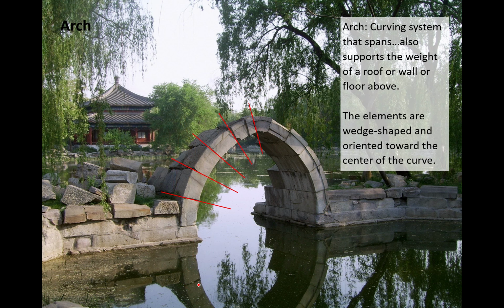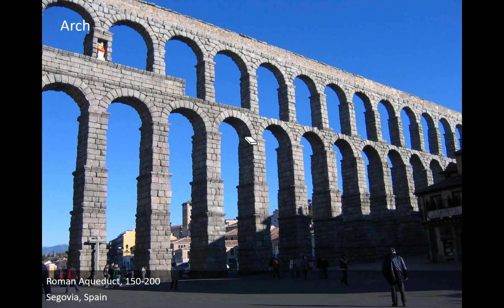Another thing to notice about arches is they typically have pieces that are kind of angling. Sometimes it's to a perfect center point right in the middle, like in the case of arches from Rome. They use a perfect semicircle shape. This is an aqueduct that was built by the Romans about 2,000 years ago, still standing in Segovia in Spain.